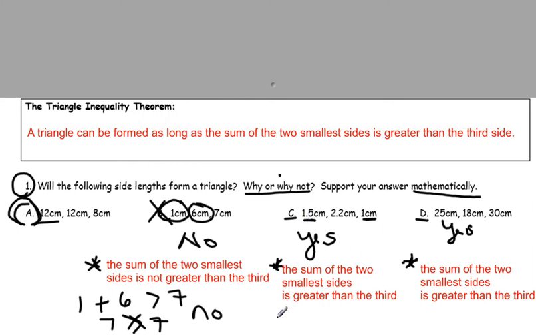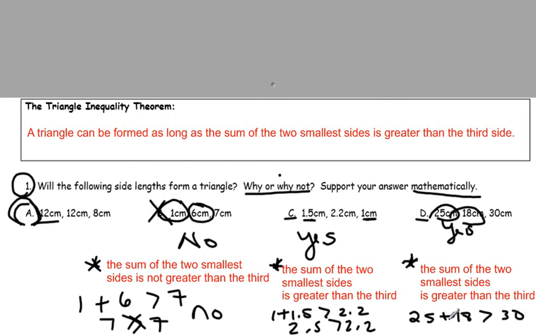Those are your two smallest sides. 1 plus 1.5 has to be greater than 2.2. 1 plus 1.5 is 2.5. That's greater than 2.2. And letter D, the two smallest are 18 and 25. That sum has to be greater than the third side. And 25 and 18 is 43. And 43 is greater than 30.